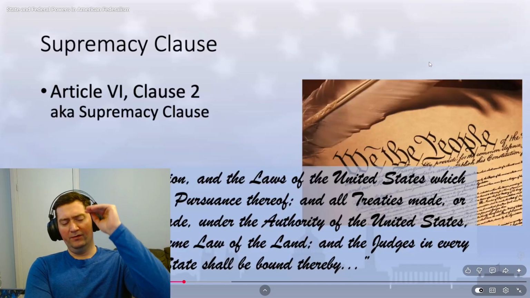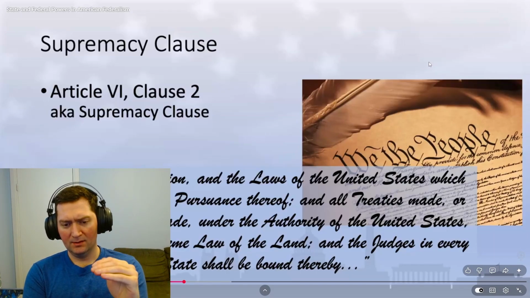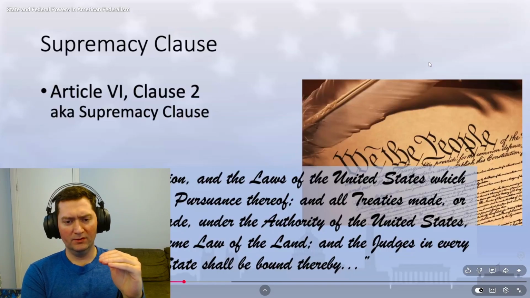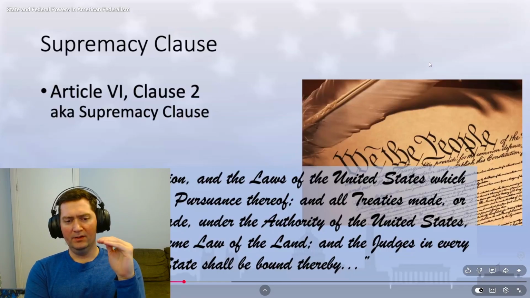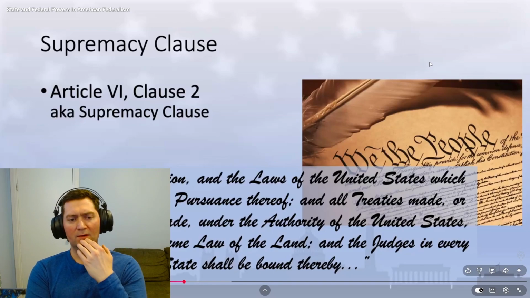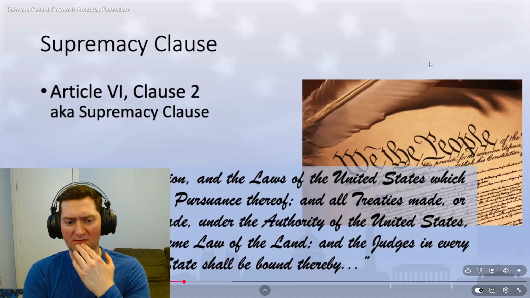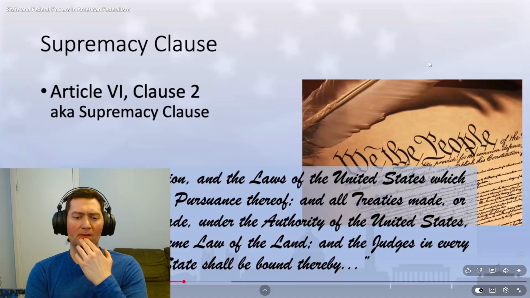So the federal law, what is passed at the federal level, takes precedence over state law. I mean, that makes sense. What happens when you get contradictions? And then you have to go by the federal law.